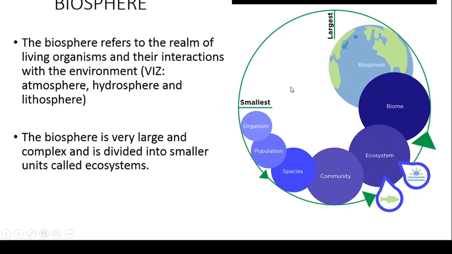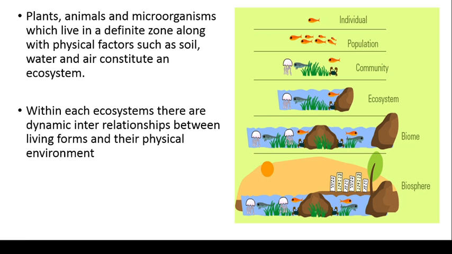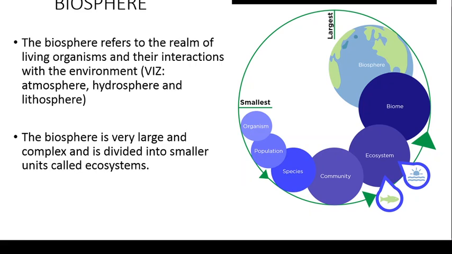The biosphere refers to the realm of living organisms and their interactions with the environment. Here the environment involves the earlier segments, that is atmosphere, hydrosphere and lithosphere. The biosphere is very large and complex and is divided into smaller units called ecosystems.